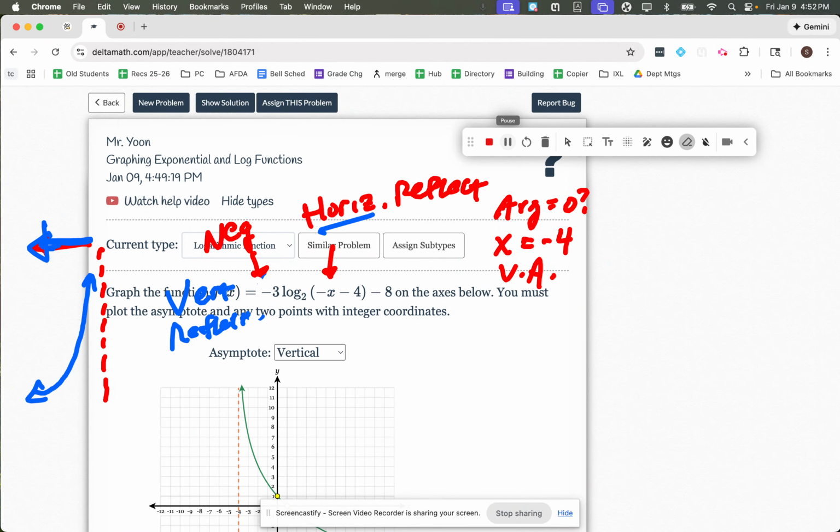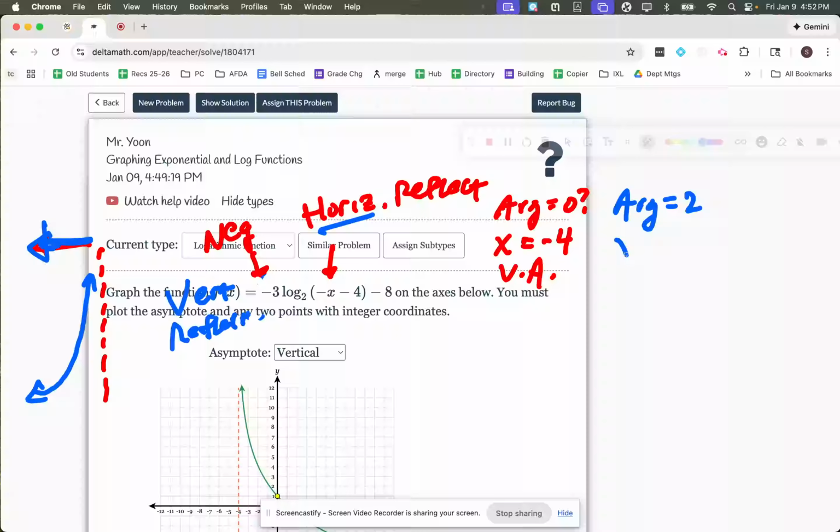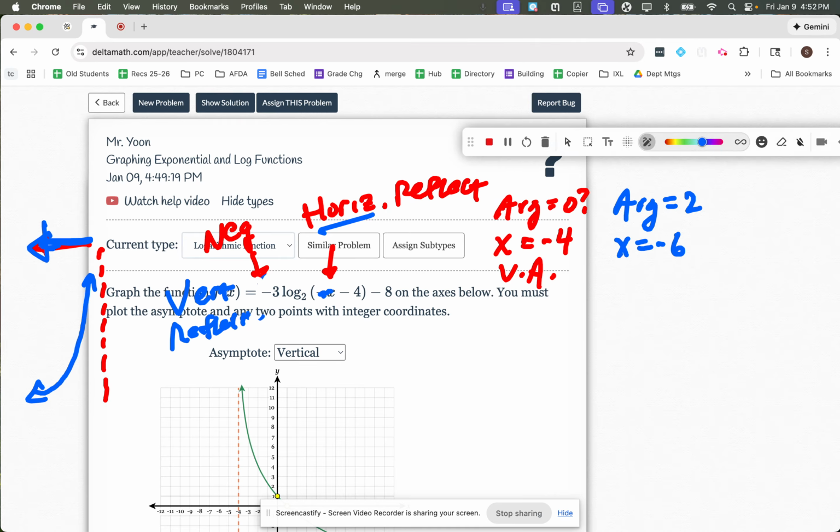Next, we want the argument to be 2, because that's the base. Okay? What x is going to help us accomplish that goal? I'm going to say -6, because -6 is +6 minus 4 equals 2.